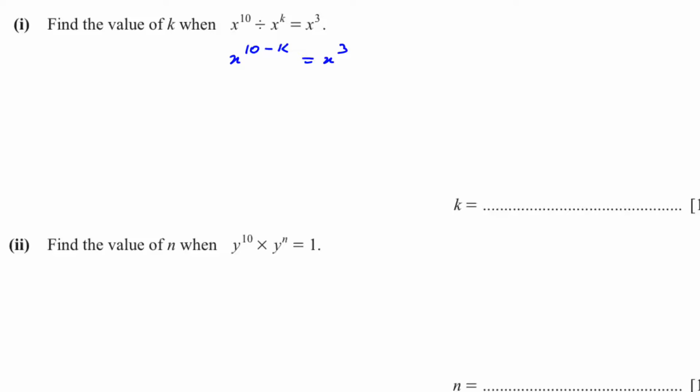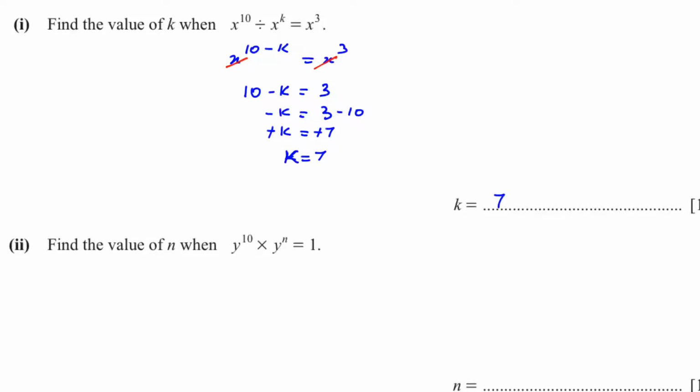Another rule is if your base is the same on either side of the equal, they get cancelled, and you will be left with 10 minus k is equal to 3. Negative k is equal to 3 minus 10. So negative k is equal to negative 7. The negatives get cancelled and k is equal to 7. So that is your answer.